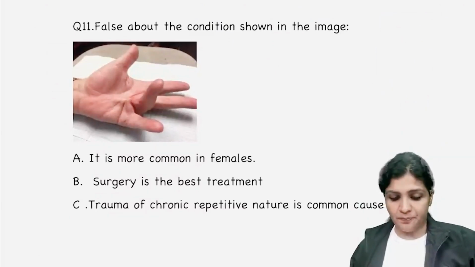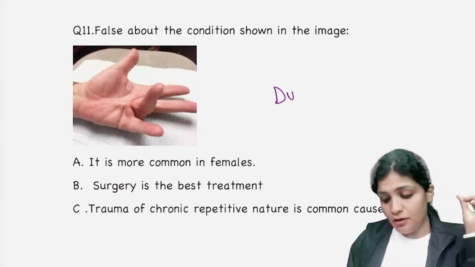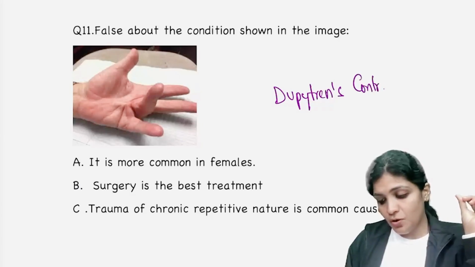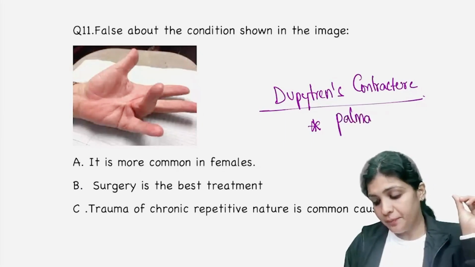Then what is this? Just as you see the image, you can answer. This is nothing but Dupuytren's contracture. So what is Dupuytren's contracture? This is nothing but a disorder of the palmar fascia.